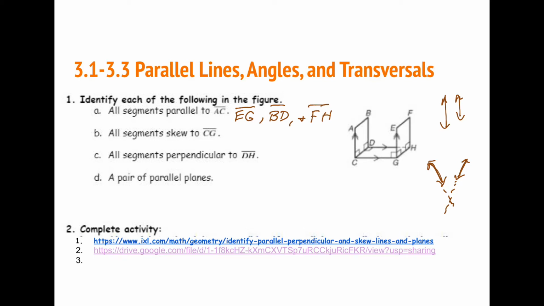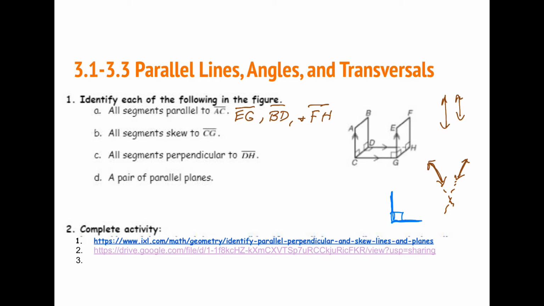All right, so I'm going to skip down to C, all segments that are perpendicular to DH. So remember, perpendicular means it comes to a right angle. So we've got something that's going to look like that. So if we're looking at DH, which is this back one right here, what is going to be perpendicular to that? Go ahead, take a couple seconds, see if you can find them all.